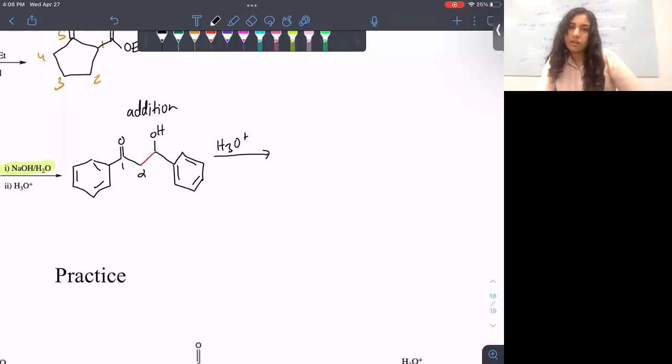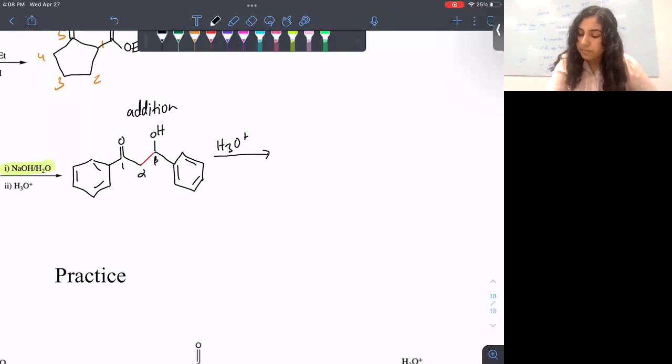And then the next carbon over is carbon beta. So identify those, and then I'll put a double bond between alpha and beta because I know that's how the reaction ends. Another way of thinking about it is to find the alcohol and then the carbon in between the carbonyl and the alcohol, and then put a double bond between the alpha carbon and the alcohol carbon.